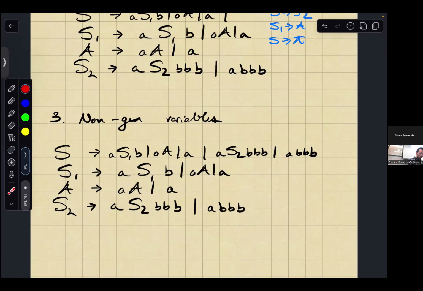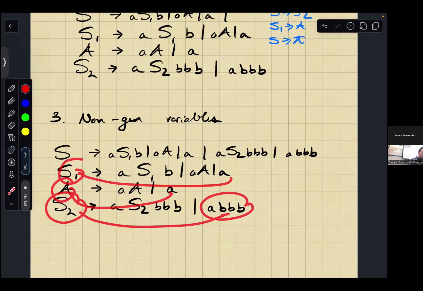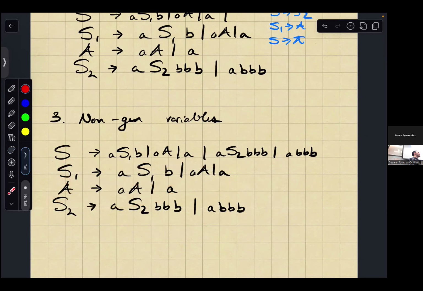But here I can generate a string of terminals. Here I also can, here I also can, and here I also can. So I don't have any non-generating variables, which is nice. I just keep the grammar as is.